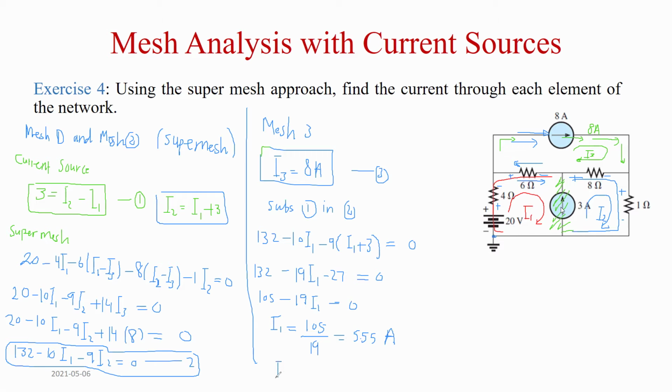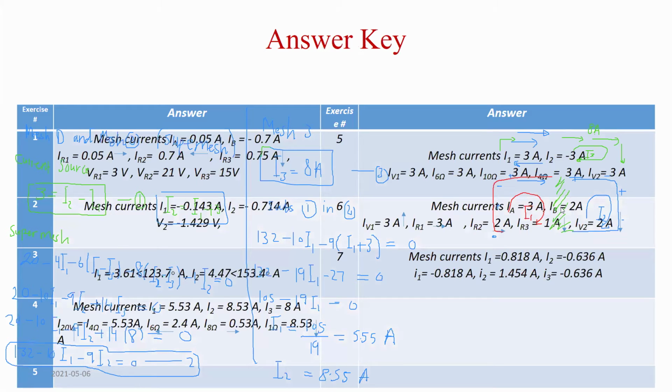Then I can find I2 from this equation. Just add a 3, so it's 8.55 or 56 ampere. I found the 3 currents. Just look at the answer at the last page. Oh, 5.53, okay, not 55.